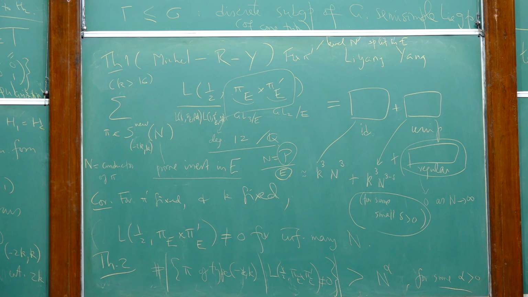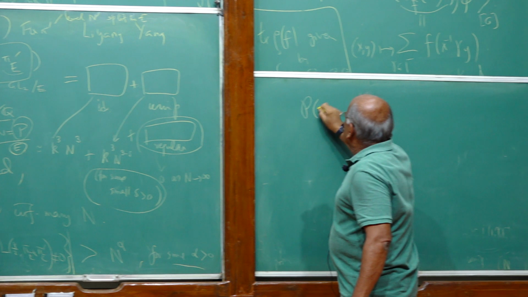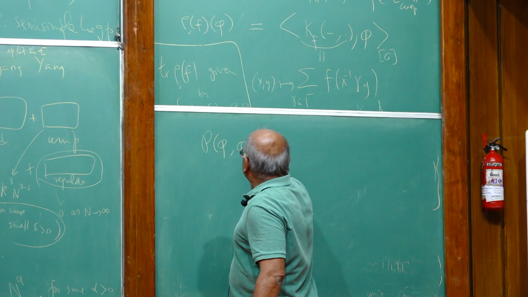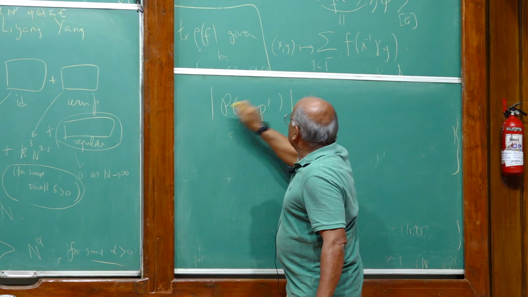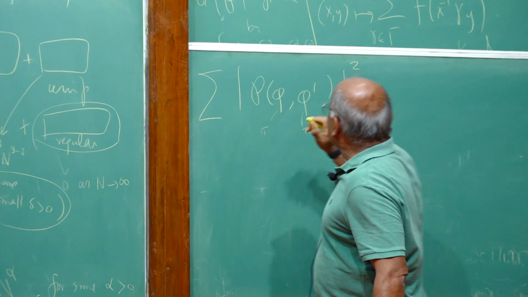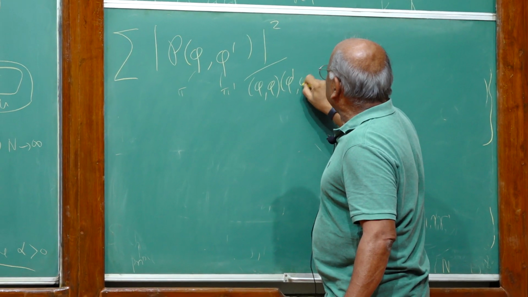So in our thing, what we get is the period. If you take phi and phi prime, this is in pi and this is in pi prime. So what we get is the information about the sum of this divided by phi times phi prime.